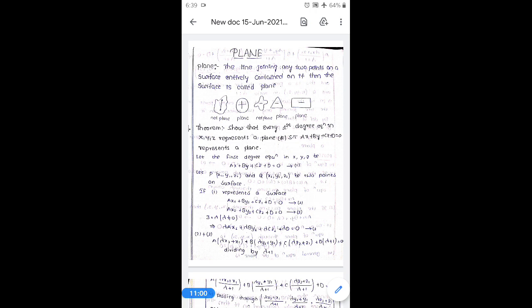That means R also lies on the surface. So any point on the line PQ also lies on the surface. Therefore, the surface 1 is a plane. That is, every first degree equation in x, y, z represents a plane.